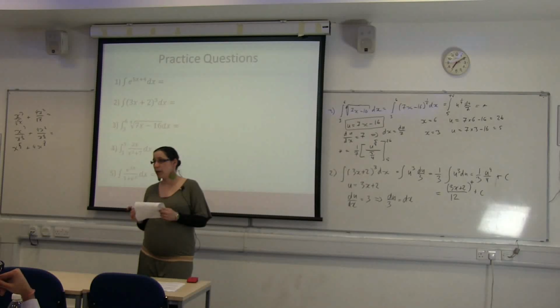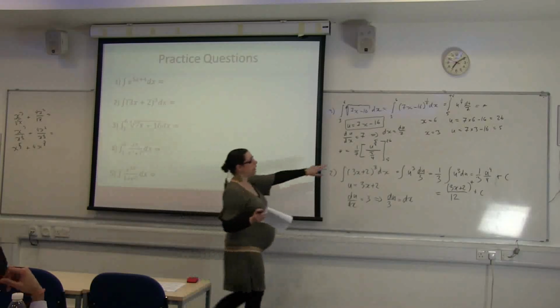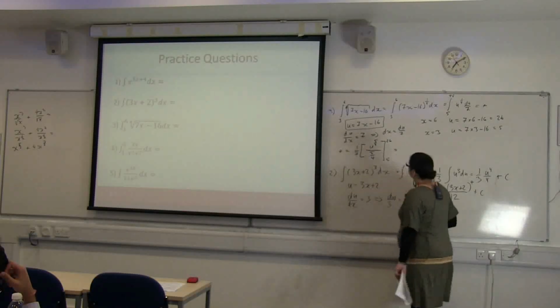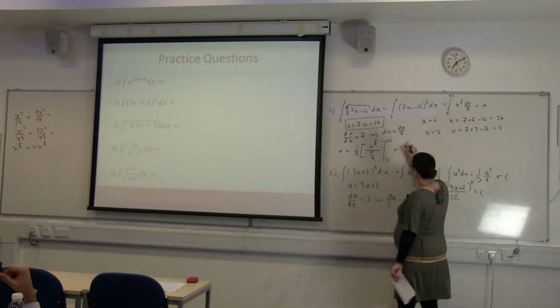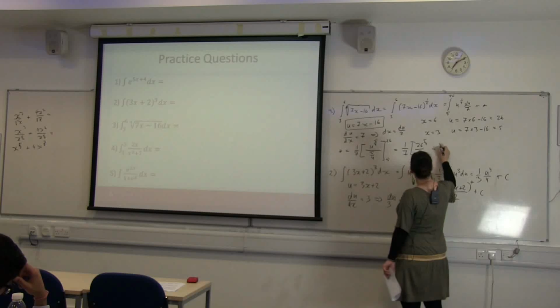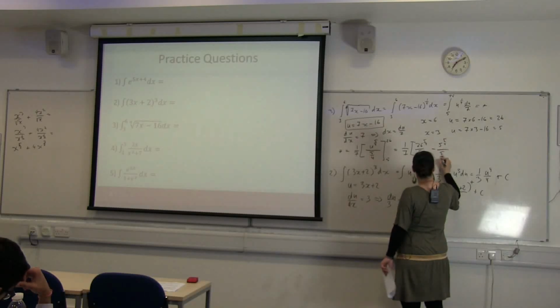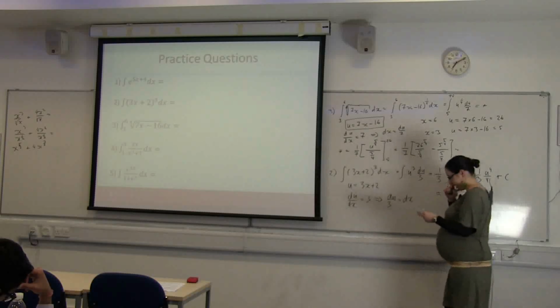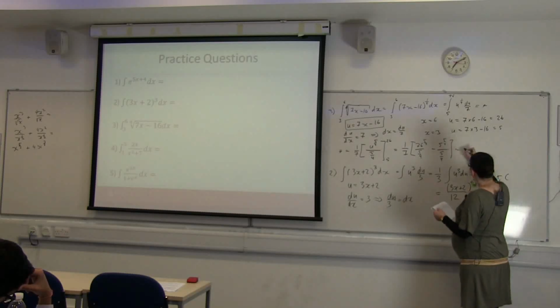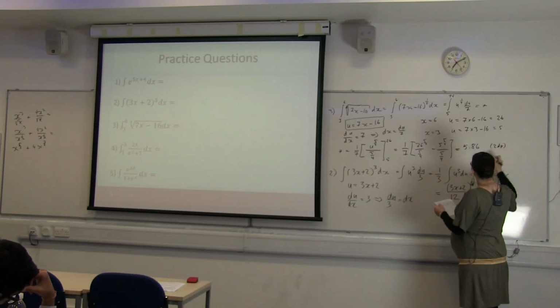You can just calculate straight using the u, because I've changed the limits now. Oof, that looks quite a bit horrible. So it's 26 to the 5 over 4 over 5 over 4, minus 5 to the 5 over 4 over 5 over 4. And if I have not made a mistake in the calculation, it should be 5.86 to 2 decimal places.